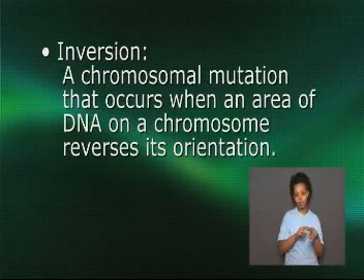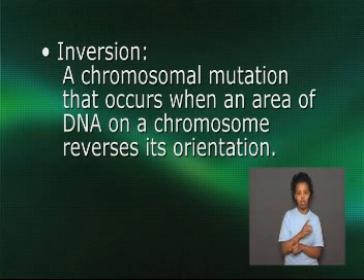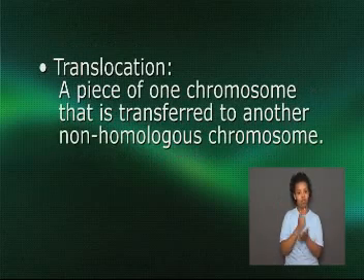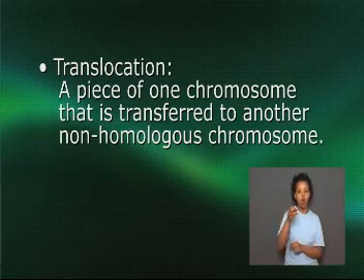Inversion is a chromosomal mutation that occurs when an area of DNA on a chromosome reverses its orientation. Finally, translocation is when a piece of one chromosome is transferred to another non-homologous chromosome.